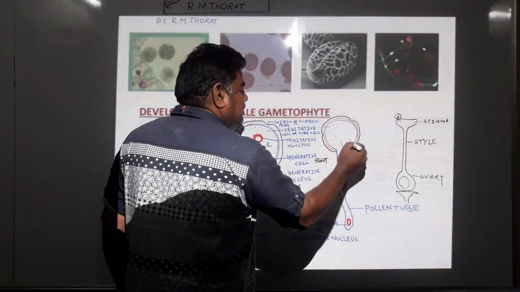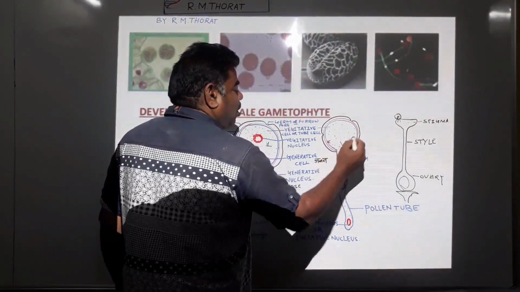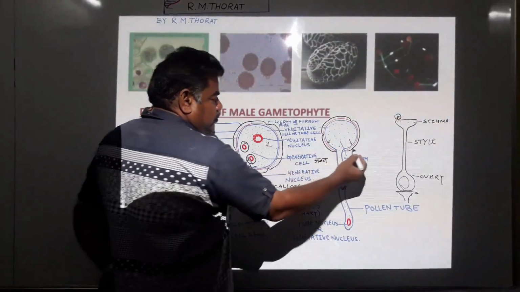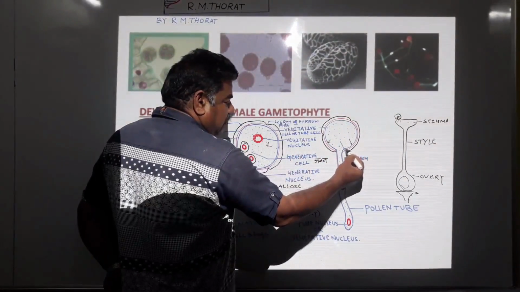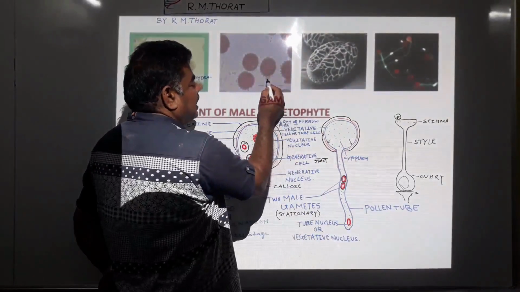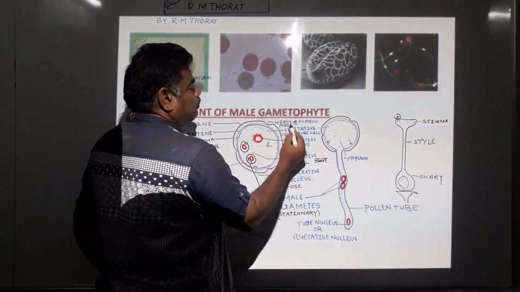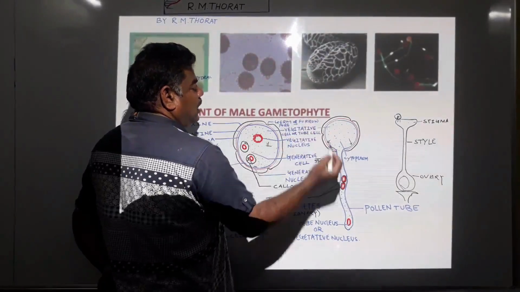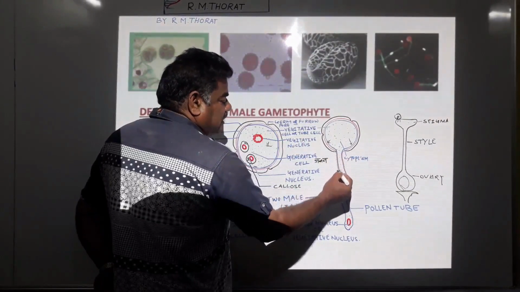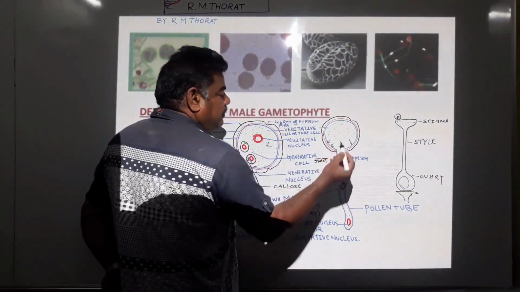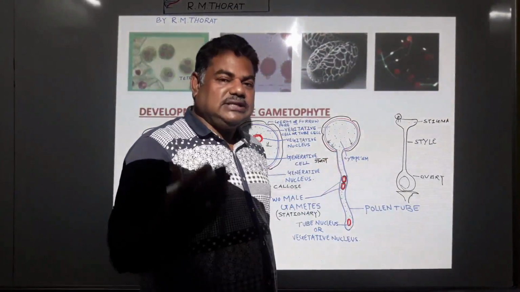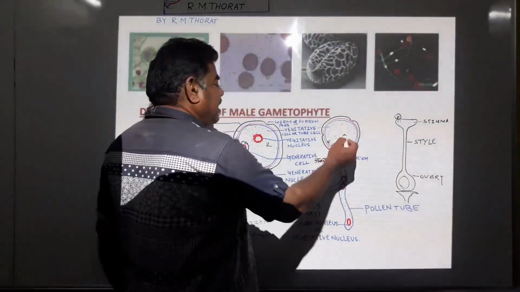When the size increases, the water exerts a pressure on the wall. This is the intine wall, and it comes out like this through the germ pore or germ furrow. It comes out due to one pressure. That pressure we call hydrostatic pressure, or turgor pressure, which is created by the water.